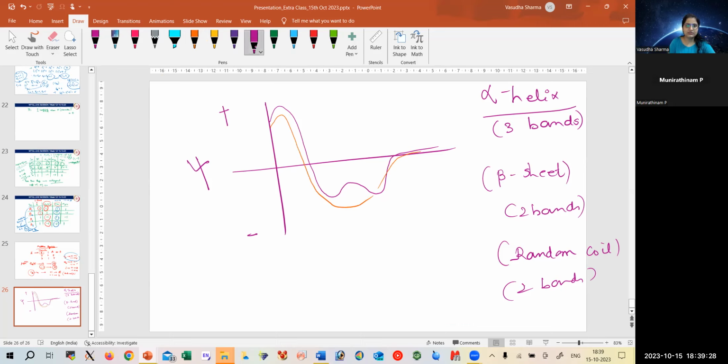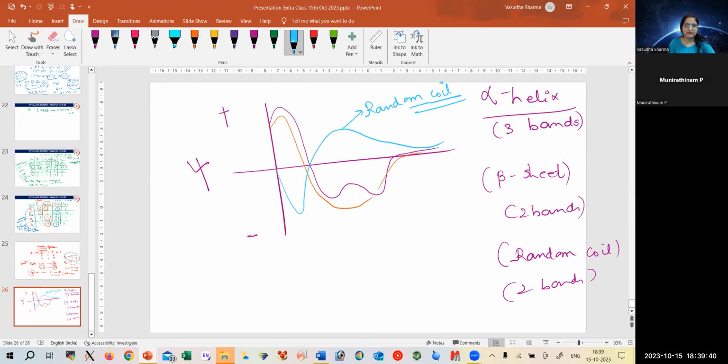And random coil is the one which goes from negative to the positive. So this one is called random coil. This purple one is your alpha helix. And this orange one is your beta sheet. So what is the confusion that you're having?